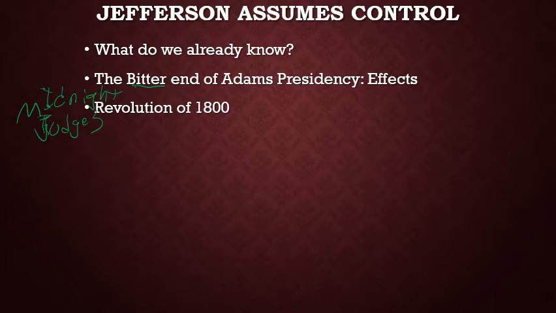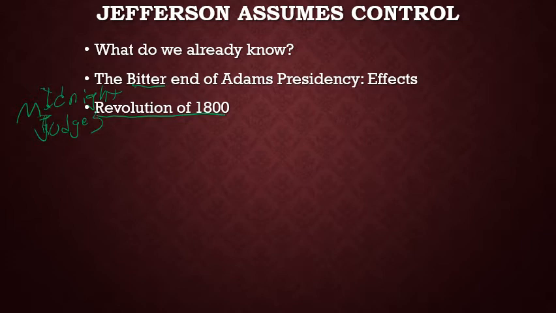Thomas Jefferson's ascension to the presidency is referred to as the Revolution of 1800. Jefferson calls it a revolution as great as the one that started in 1776, meaning the American Revolution.